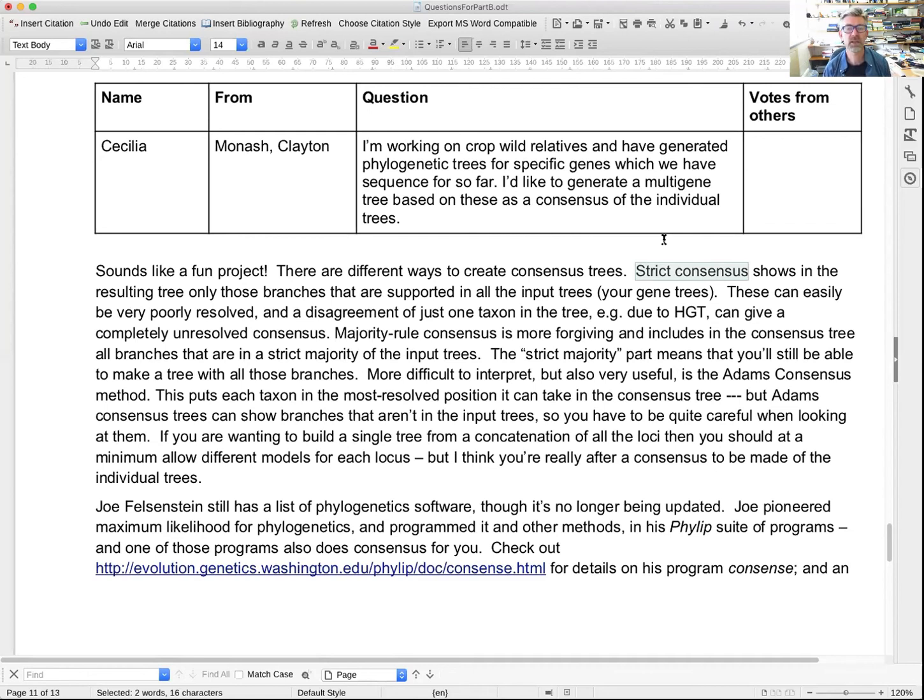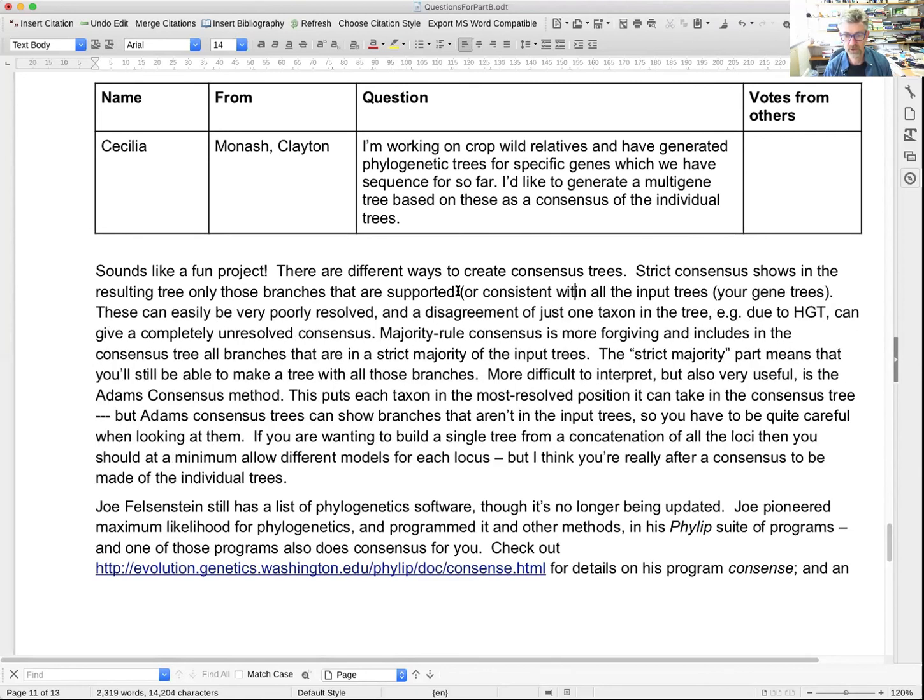It has to not be disagreed with by any trees. So strict consensus shows us in the resulting tree only the branches that are supported in all the input trees, or at least consistent with all of the input trees. So supported, I should add, or consistent with all the input trees. And that's your gene trees.